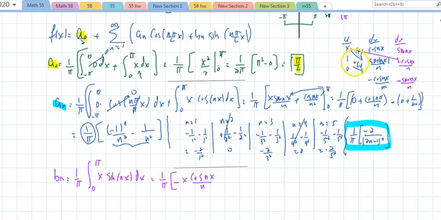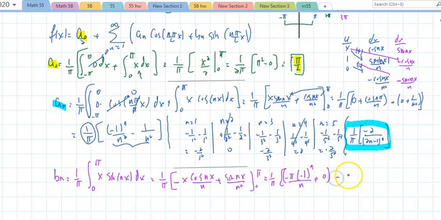And if I multiply those by a negative, it's going to give me a positive sine of nx over n squared, evaluated from 0 to pi, 1 over pi. Throw the pi in, negative pi times cosine of n pi, which is negative 1 to the n over n, plus sine of n pi is 0, minus, if I put a 0 in there, I'll just get a 0 minus 0.